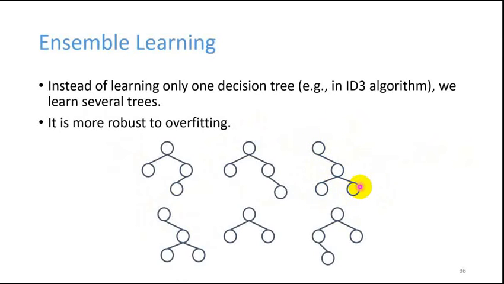They can be only decision trees that can predict better than random. Also, if these decision trees overfit, the whole model that includes all the decision trees may not overfit.